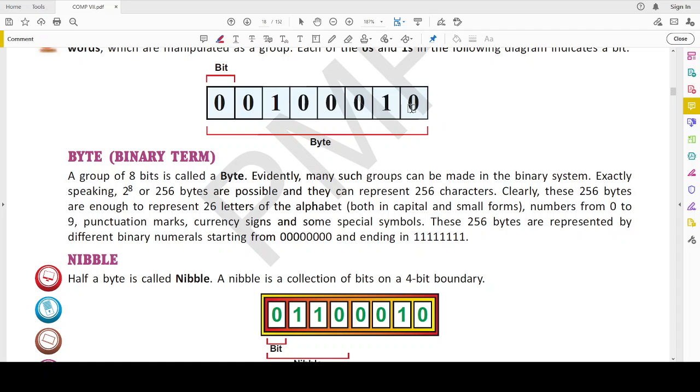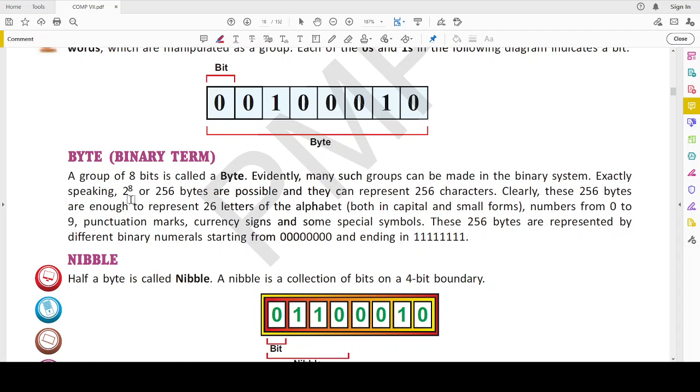For this place you can have two representations. For each of these two places there can be 2 into 2 representations, and so on. So it will be how many? 2 to the power 8. See, here it is written.